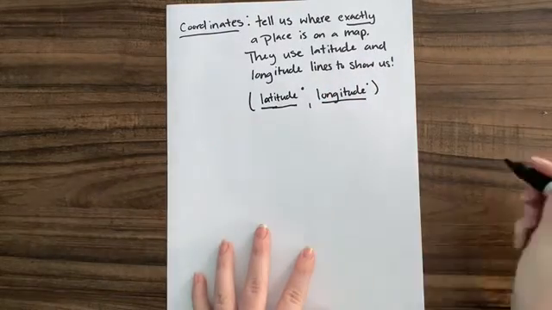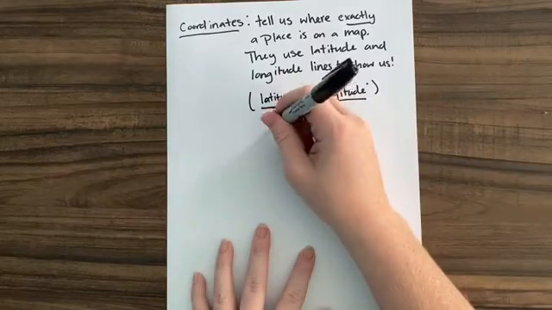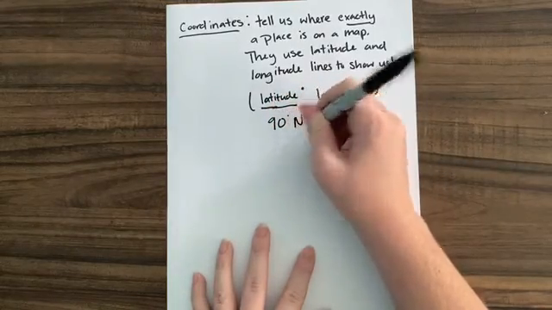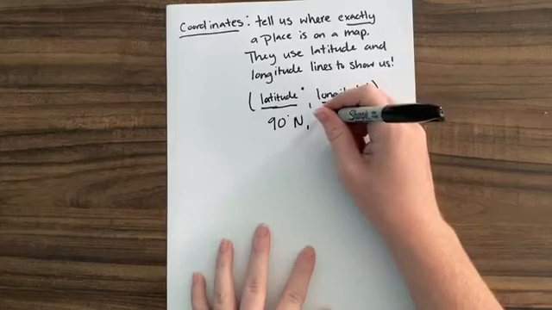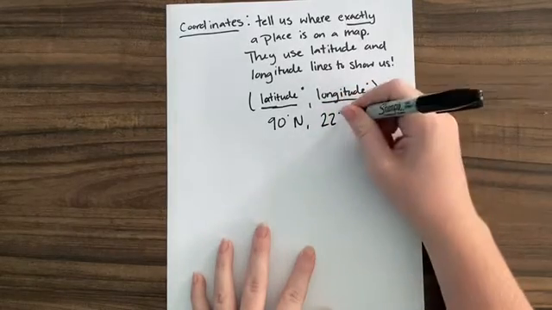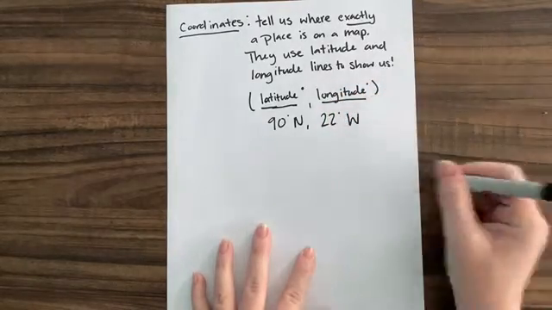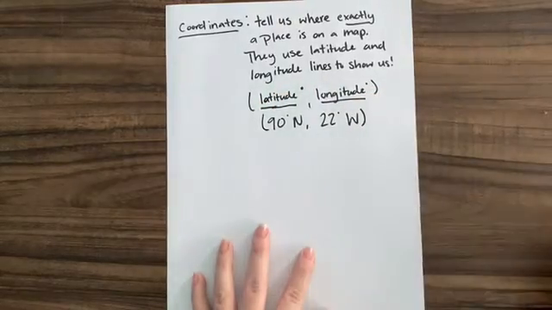So an example would be 90 degrees north, 22 degrees west. And we would put them in parentheses.